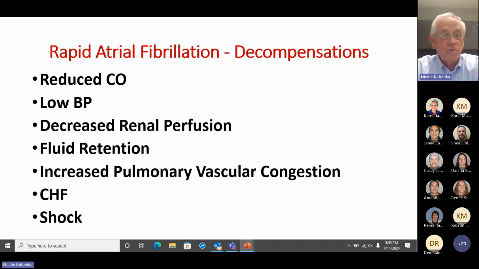Hopefully we intervene right at the beginning of this. But if you don't, they just keep going down the scale, right? Cardiac output drops, blood pressure drops, renal perfusion drops, they start retaining fluid, lungs fill up, they're in heart failure. If you don't fix it, then they get hypoxic and they're in shock. So our job is to get them between steps 1 and 2 here.